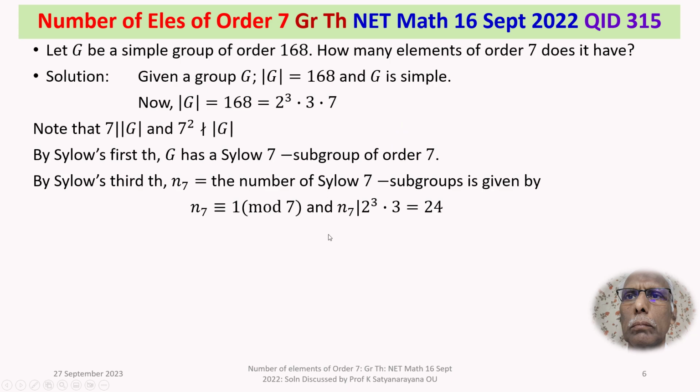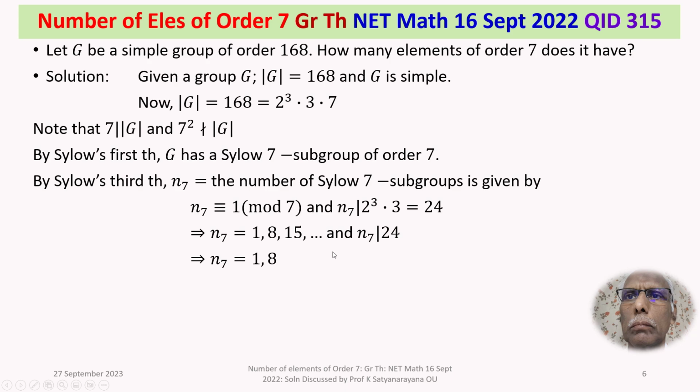So these two conditions must be satisfied by n7. So n7 is equal to 1, 1 plus 7, 8, 8 plus 7, 15, etc. And n7 should divide 24. Now out of this 1, 8, 15, etc., which of them divides 24? That will be n7. That n7 will be 1 and 8.